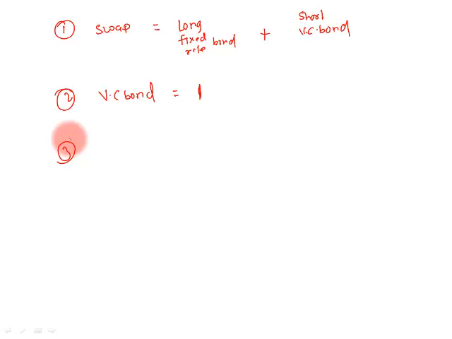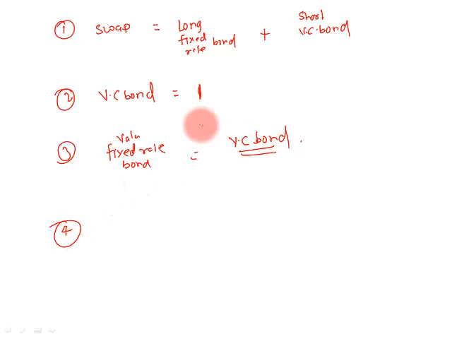The other person wouldn't give him a higher value as asset, which means in order to make sure that the value of swap at time 0 is 0, the value of fixed rate bond should be equal to the value of variable coupon bond. Then in step 4, we know that the value of variable coupon bond is nothing but 1.